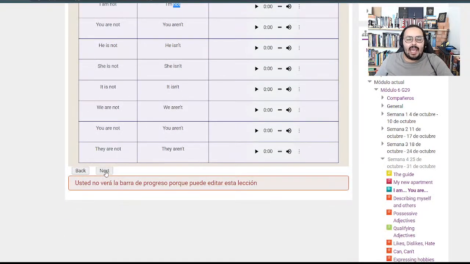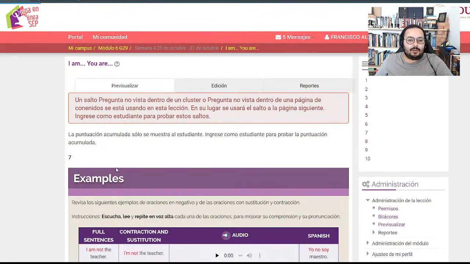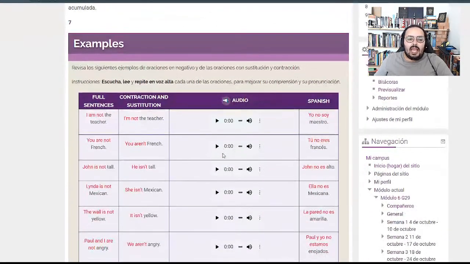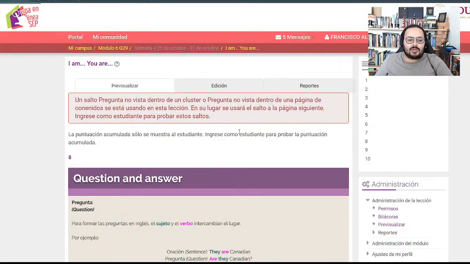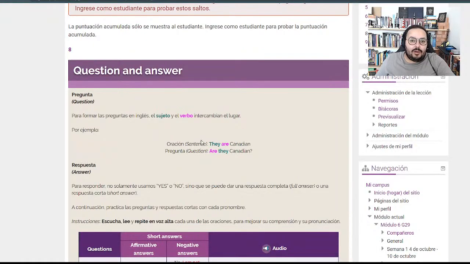Okay? So now let's continue with the interrogative form, because this is just a review. Those are examples of the negative forms. And the interrogative form is formed by changing the order of the verb to be and the personal pronoun.